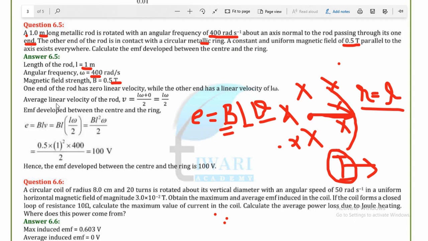So to find out the linear velocity, let's see here, since one end of the rod has zero linear velocity because it is in rest, it is fixed here, while the other end has linear velocity L omega.